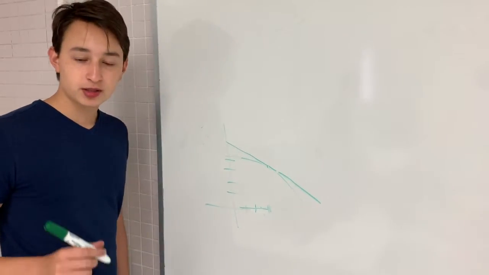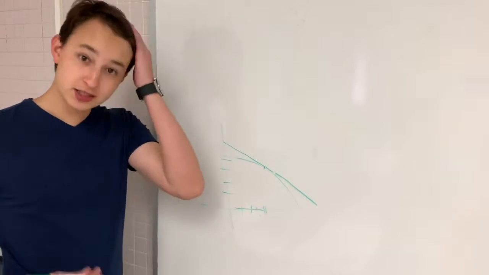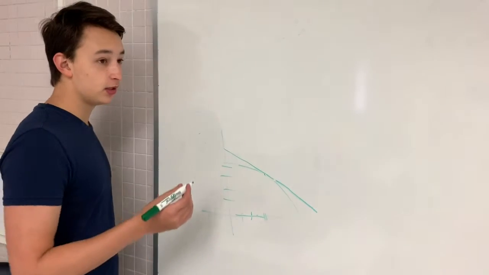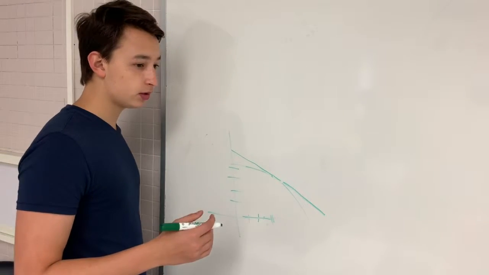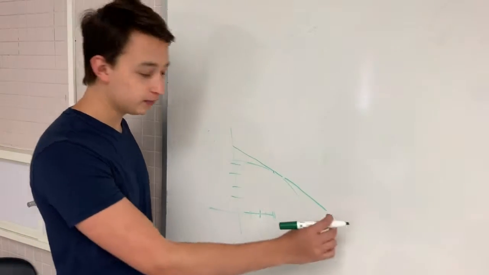Okay, so the difference between dy and dx, and why dx is the same in delta x and dy, is because the derivative is like the line.